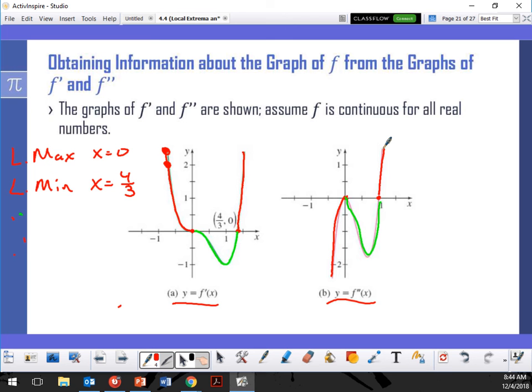The positive is going to be concave up. So it's changing concavity right here, and an inflection point changes concavity. So this point is going to be my inflection point. This one does have one, this one does not. So a point of inflection would be x equals 1.